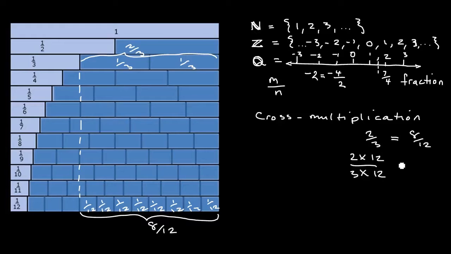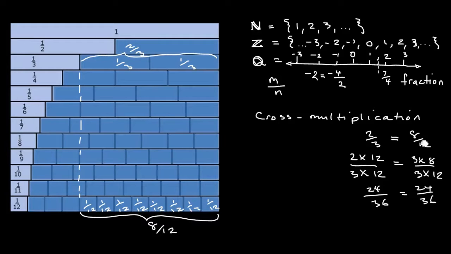So we got 3 times 12 as well, giving us 24 at the top and 36 at the bottom. We do the same to this side, but this time we take that 3 and say 3 times 8 and 3 times 12. So again, we've got 24, 36.